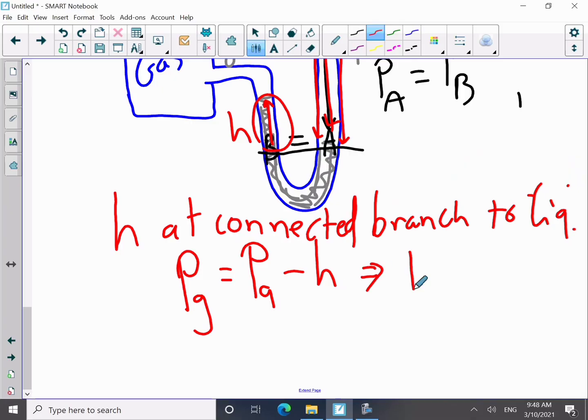From this formula we can get Pg minus PA, or delta P, which is Pg minus PA will be equal negative H.